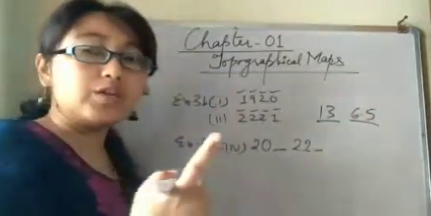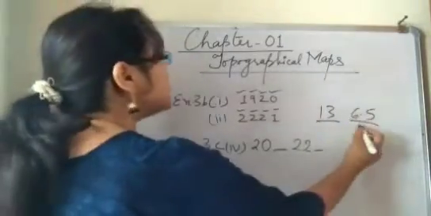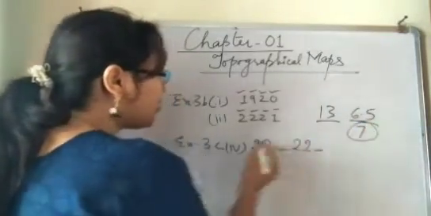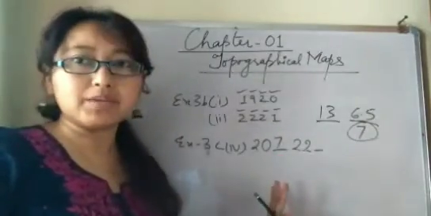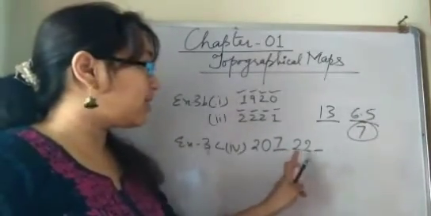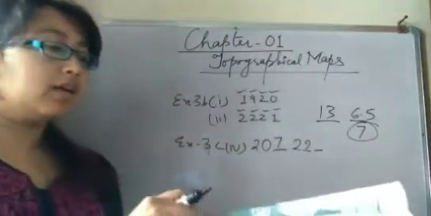Again, we are not going to write in decimal. We are going to round off, that is, either write 6 or 7. So I'm going to write 7 here. 6 also is acceptable, right? So I'm going to write 7 here. Now you are going to take the reading like this.